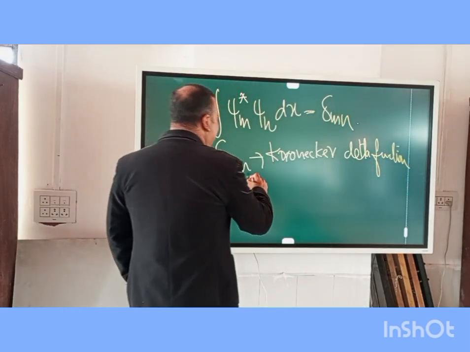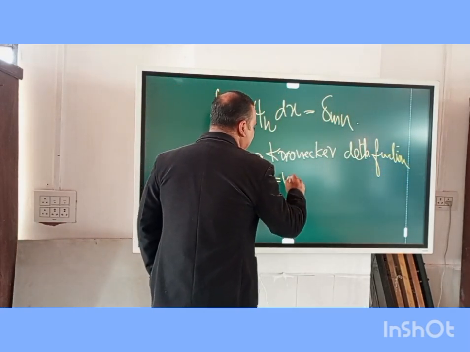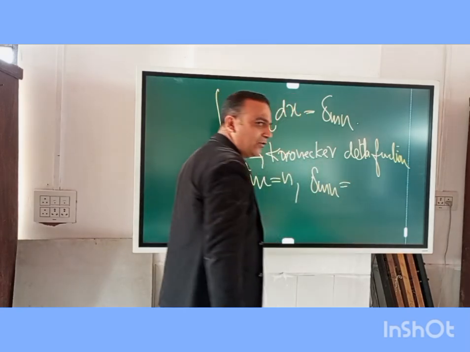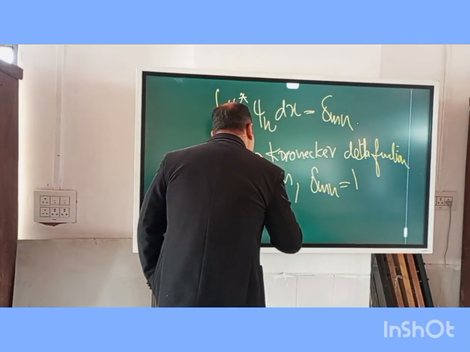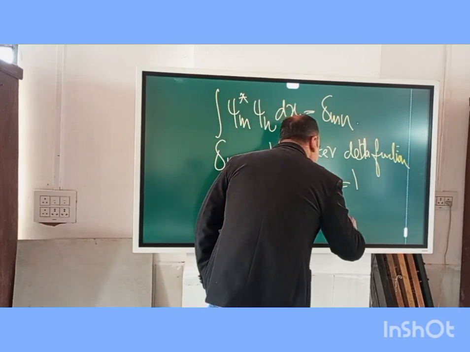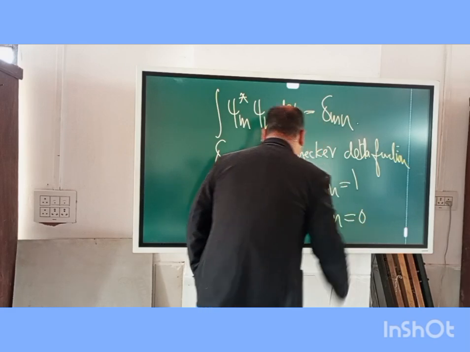For m equal to n, this delta mn is equal to 1, and for m not equal to n, this delta mn is equal to 0.